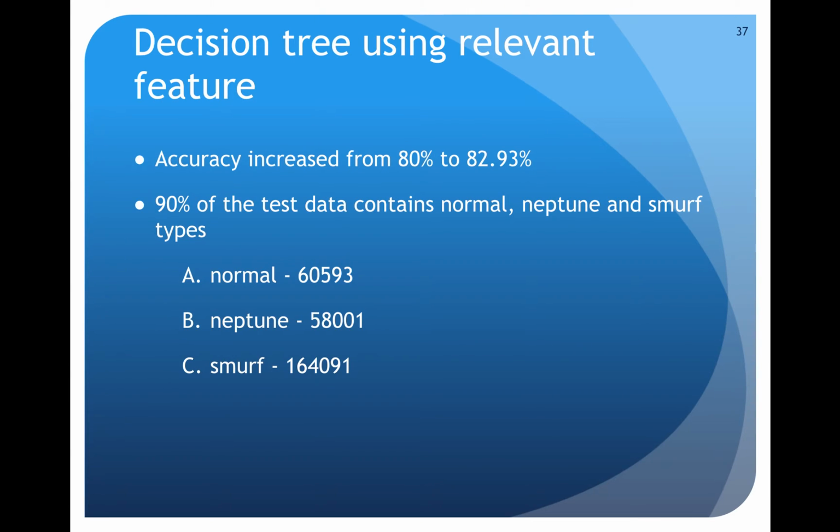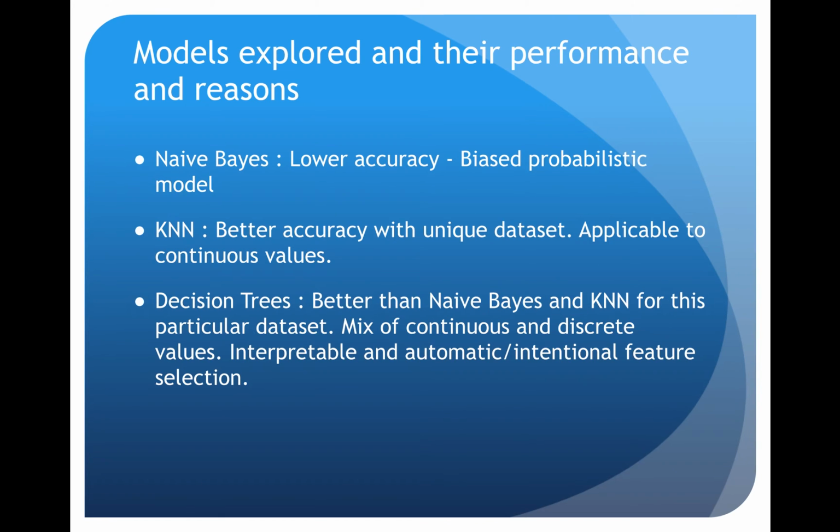And I used these and I tried running my decision tree with these relevant features, and my accuracy actually increased from 80% to 82.93%. And one more observation about the data set is that in the test data set, 90% of the records belong to either normal, Neptune, or Smurf type. So if you could use the relevant features for these 3 types, we will get about 90% of the accuracy.